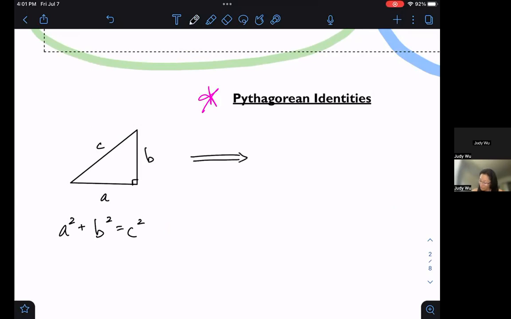Well, check this out. If we think about our unit circle, we get a circle going here, and we think about a right triangle in our unit circle.